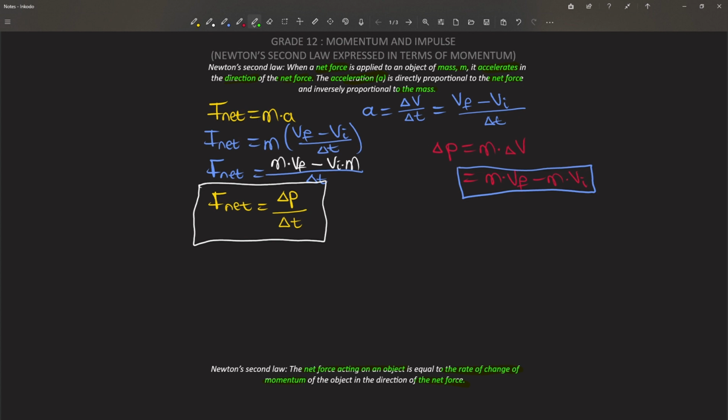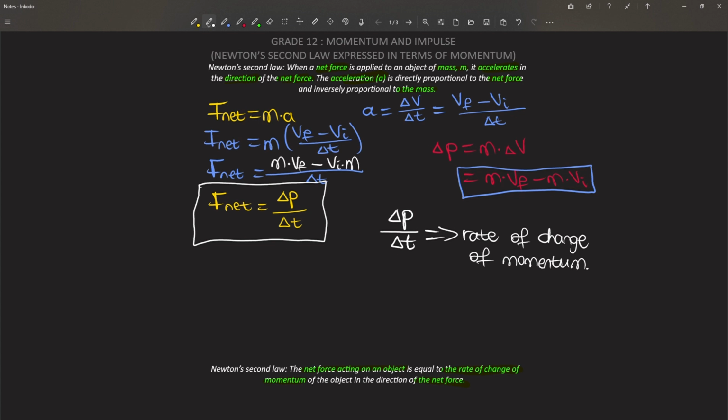The rate of change in momentum might confuse you, but it is just change in momentum all over time, not all over momentum. This is the rate of change of momentum.